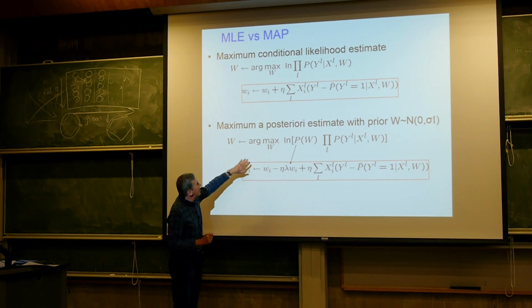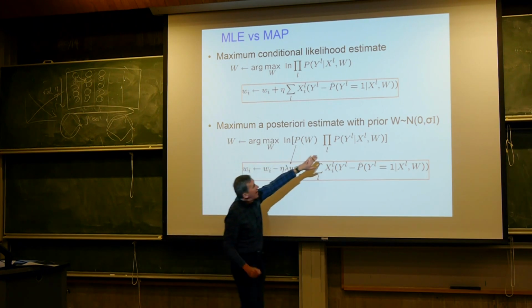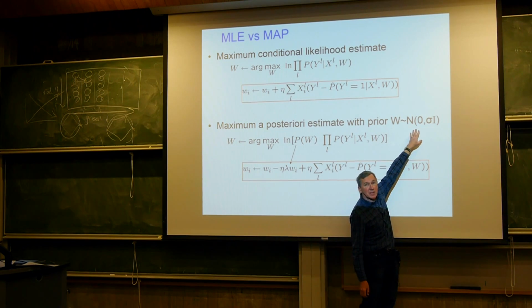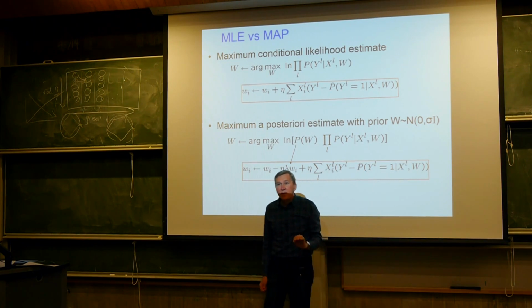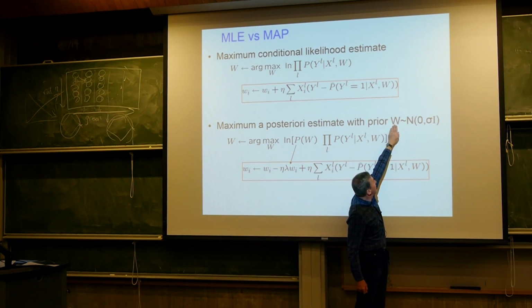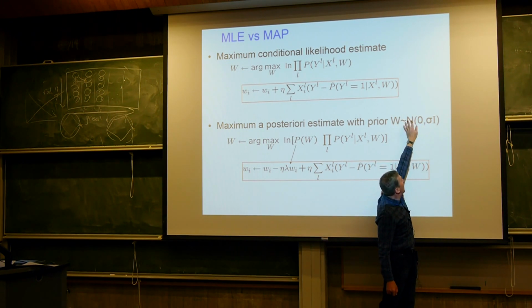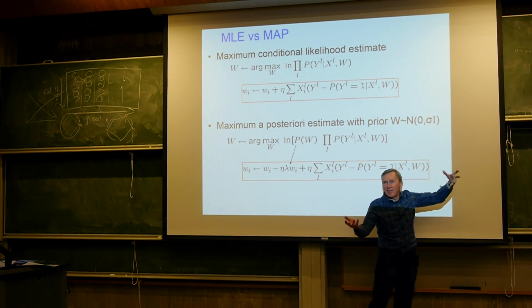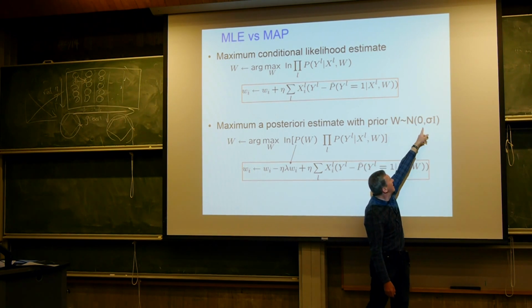And it turns out if we say that the prior we're going to use is that each weight follows a normal distribution with mean 0 and some variance sigma, and here I've written it as if the whole vector of all weights follows a multivariate Gaussian, that is a Gaussian defined over multiple weights.